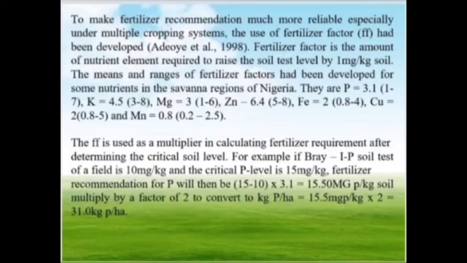The means and range of fertilizer factor have been developed for some nutrients in the savanna region of Nigeria. They are P equals 3.1 (1.7), K equals 4.5, Mg equals 3, Zn equals 6.4, Fe equals 2, Cu equals 2, and Mn equals 0.8.